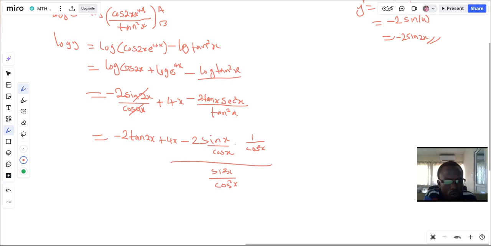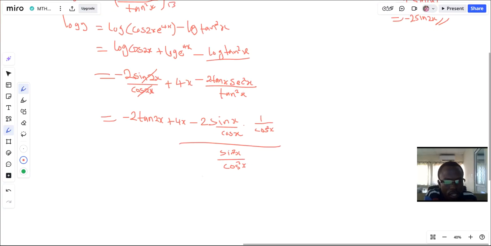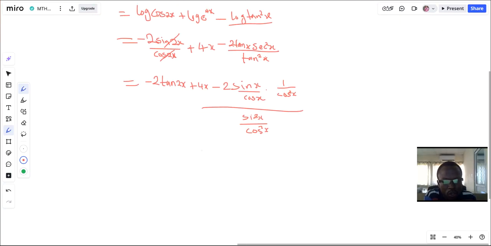Tan square x is equal to sin square x over cos square x. This leaves us with 2 tan 2x plus 4x.